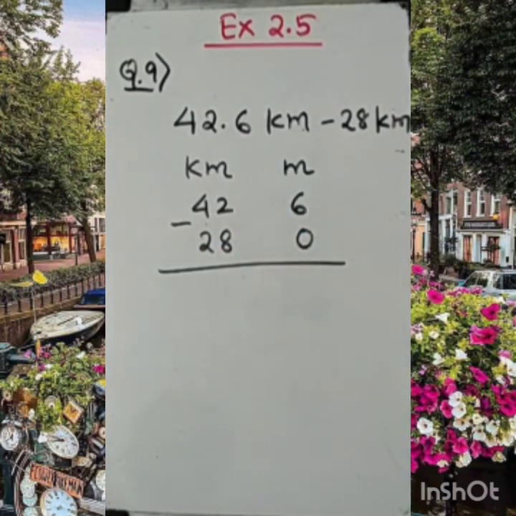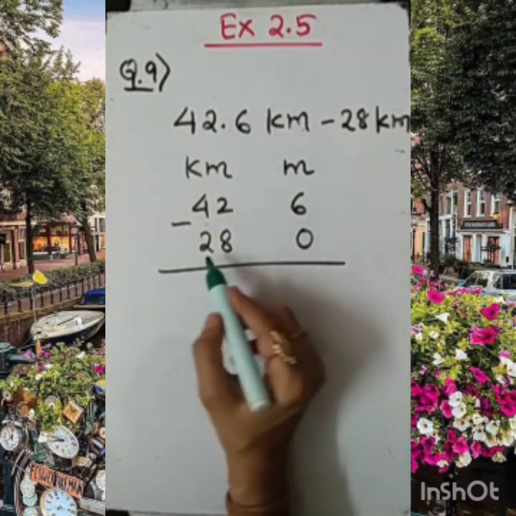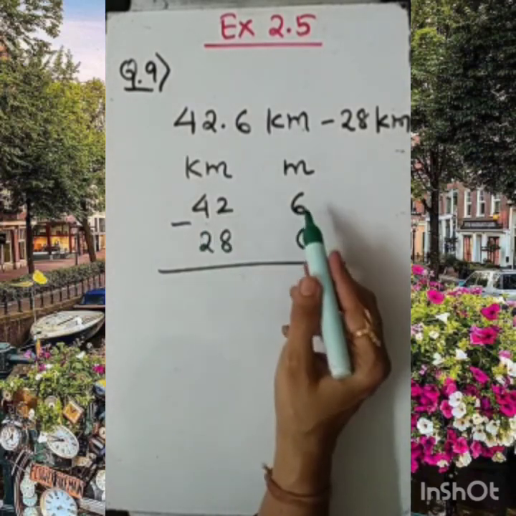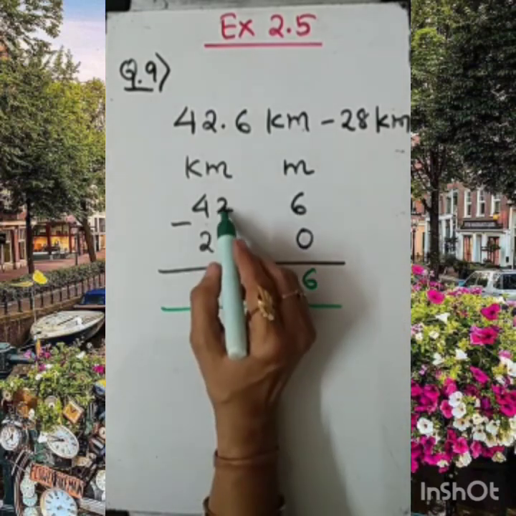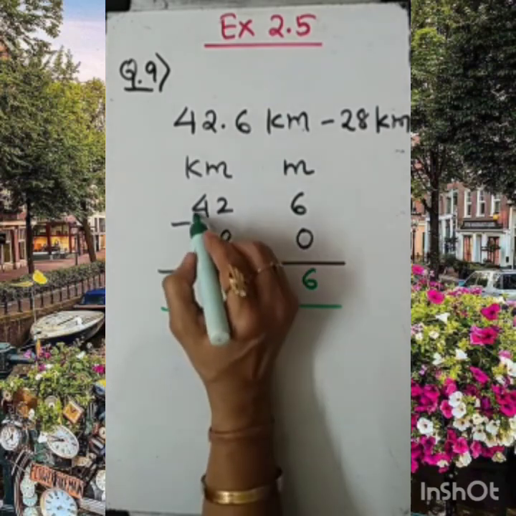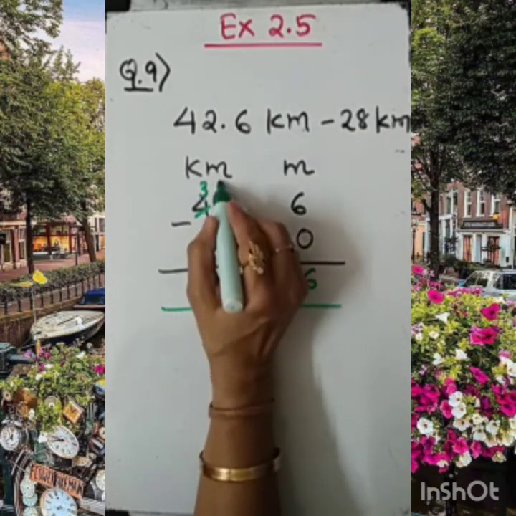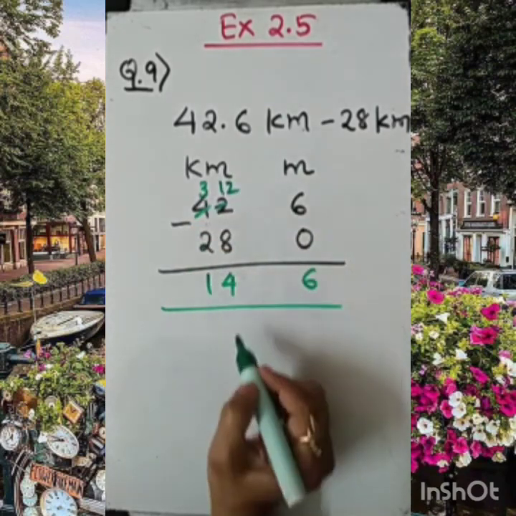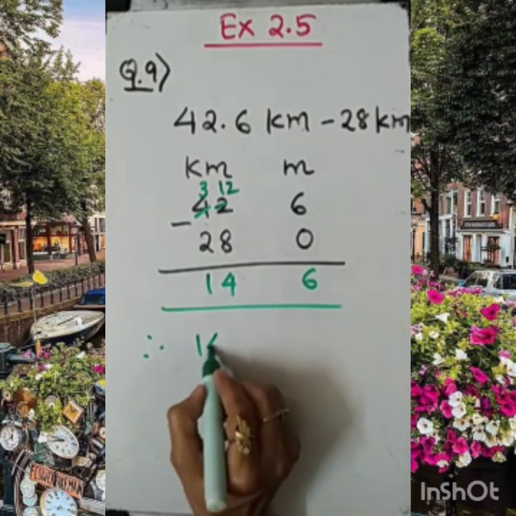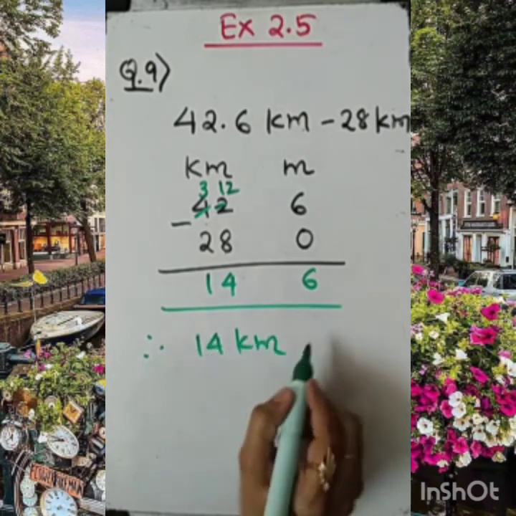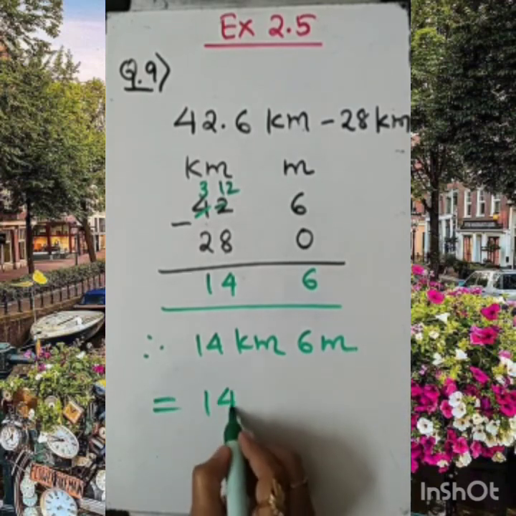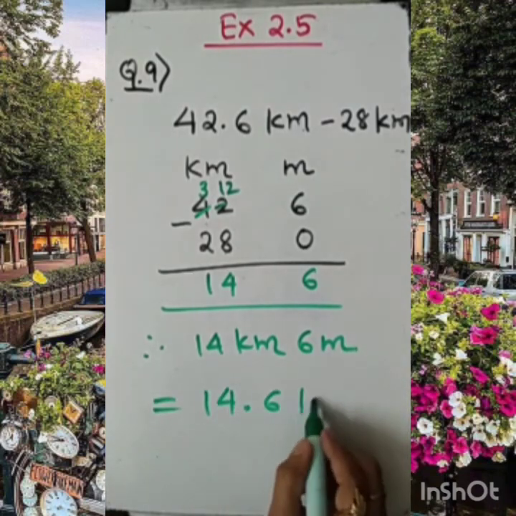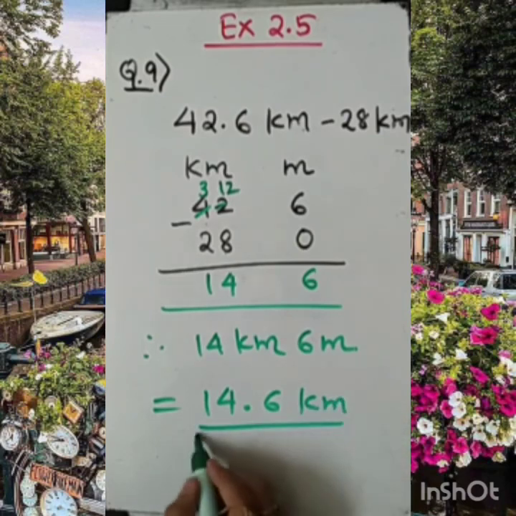Let's subtract. 6 minus 0 is 6, 12 minus 8 is 4, borrow from here so it is 3. 3 minus 2 is 1. So the answer is 14 kilometer and 6 meter, or you can mention 14.6 kilometer. The unit will be this.